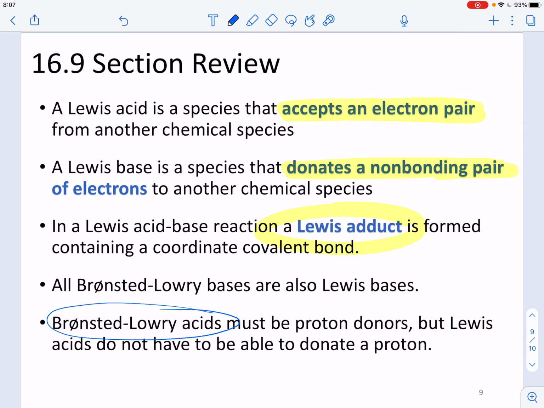The acid must donate a proton, and that proton is actually coming from the acid. But in the Lewis acid-base theory, the proton is the acid, not the compound that the proton is coming from. Okay, so that opens the possibility for other compounds that can act as an acid, but that don't have protons. The only requirement there is that there is space to accommodate the lone pair coming from the base. Okay.